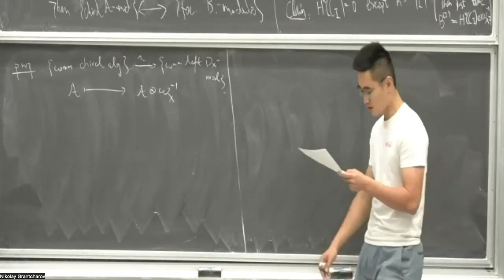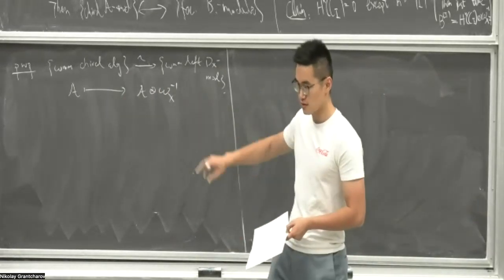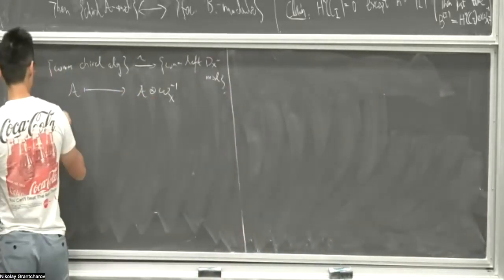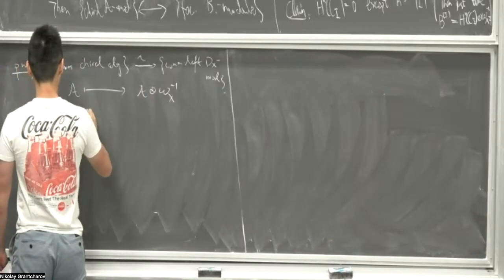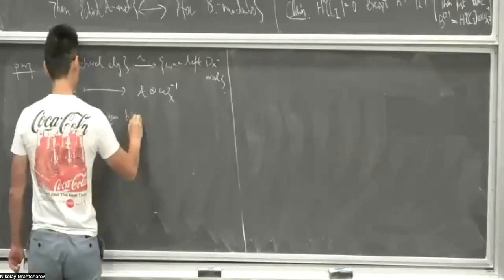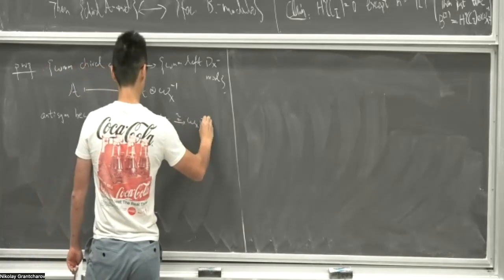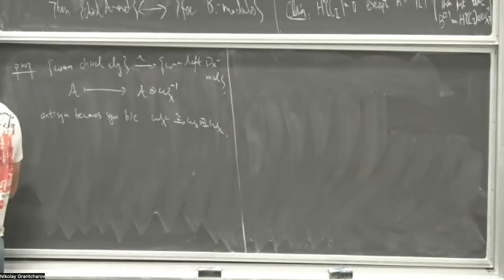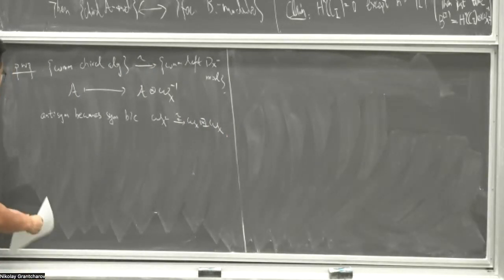Anti-symmetry becomes symmetric again because of this identification of omega x to omega x box. Comes from that.